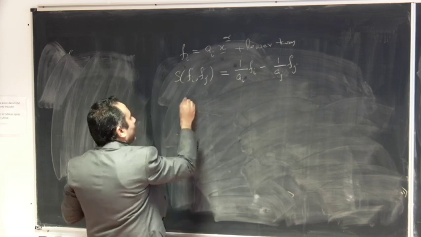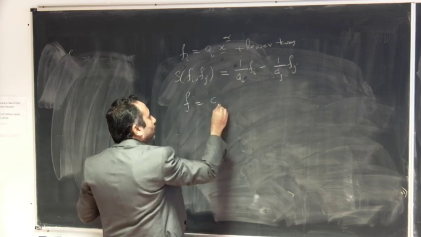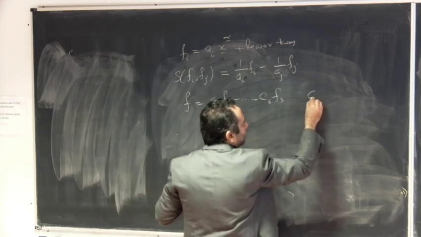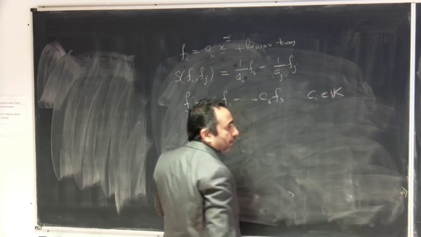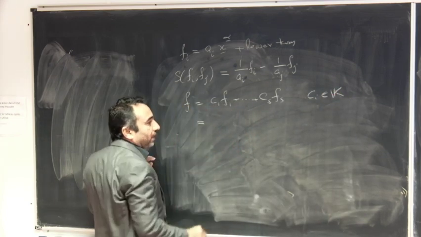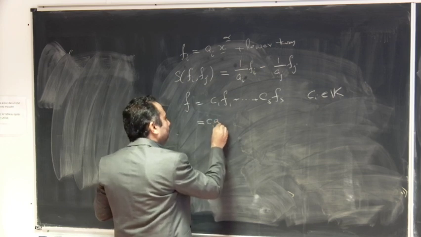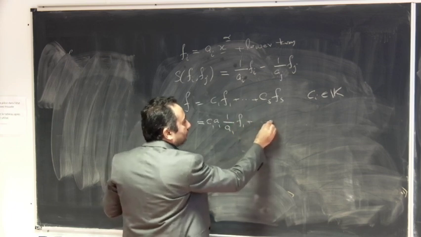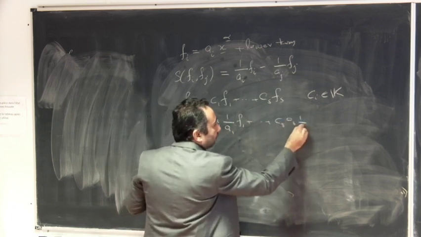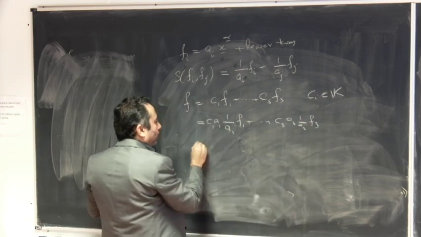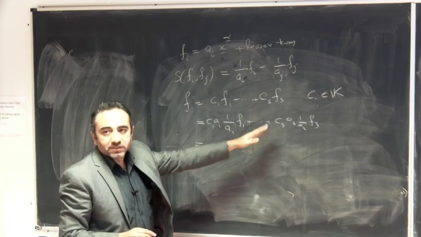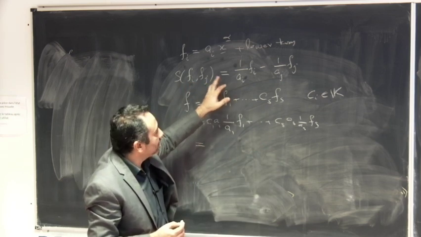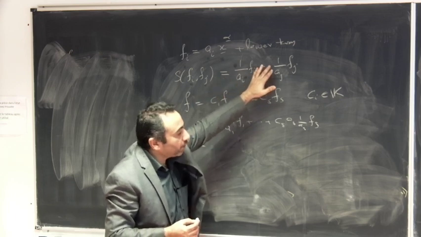Okay. Now we have this F, which we define to be a linear combination F1 plus up to Fs, where the Ci are elements from some field K. So we can write it as C1 A1 multiplied and divided by A1 times F1, and so on, Cs As over As times Fs, and we can add and subtract the next terms to get our required combination in the form of S(Fi, Fj), because it means we have 1 over Ai Fi minus 1 over Aj Fj.